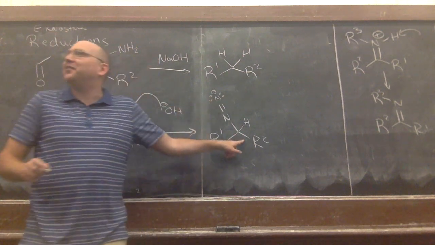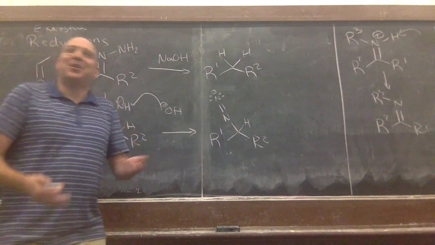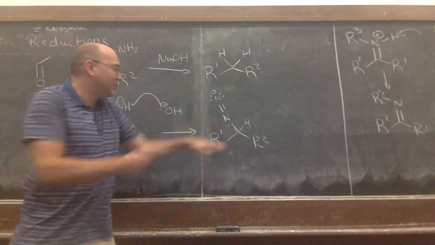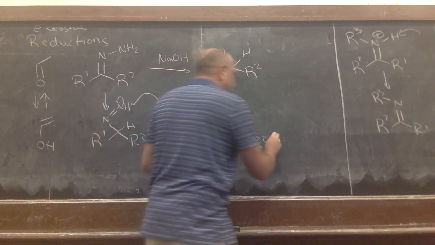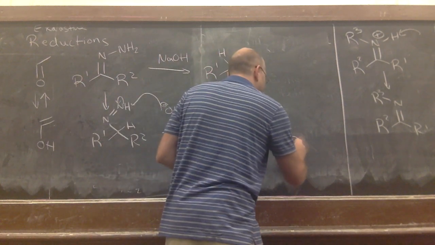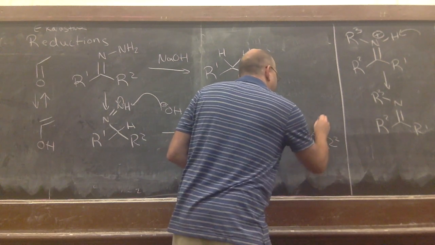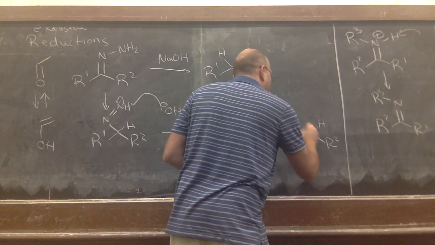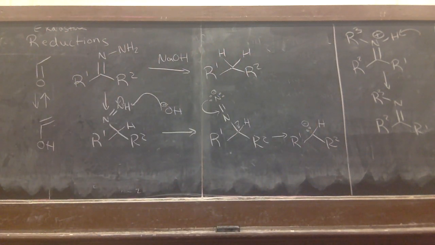Oh, I guess this would be the leaving group, right? Yeah, so yes, you're right. This becomes your leaving group. And you get to an intermediate that we ordinarily wouldn't want to show.